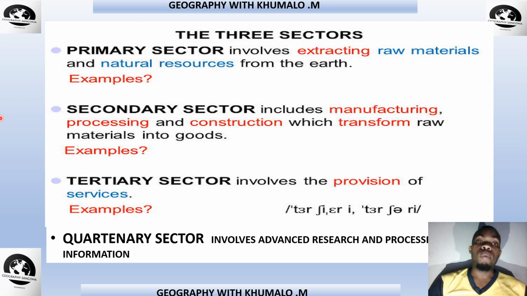That means the products you are going to get here are going to be more. And then in the tertiary sector, we will be selling more products. So you see, they work together, these sectors of the economy.